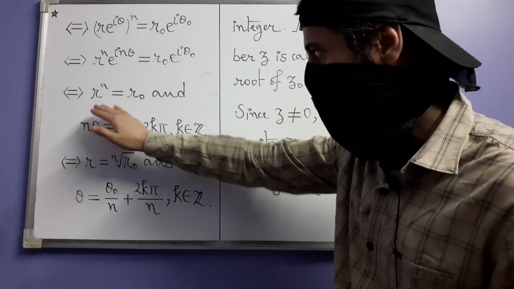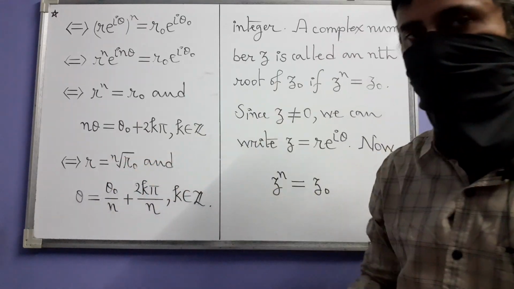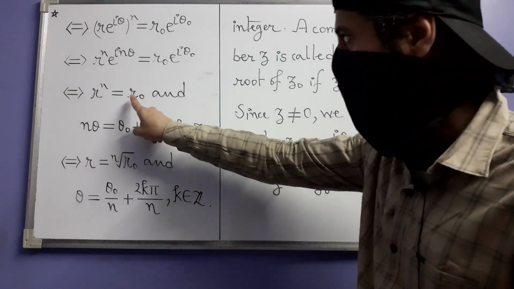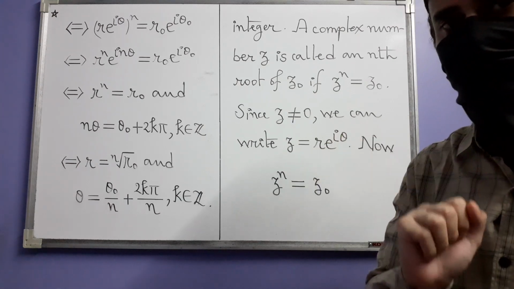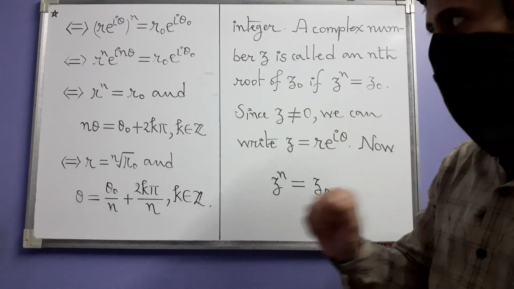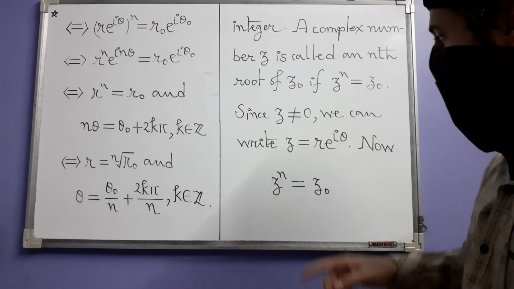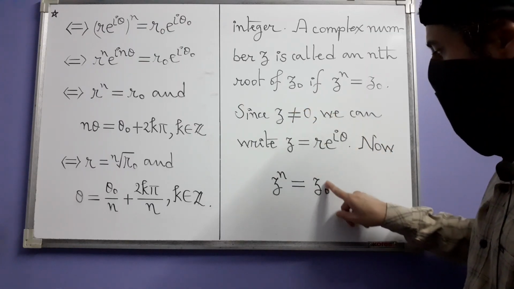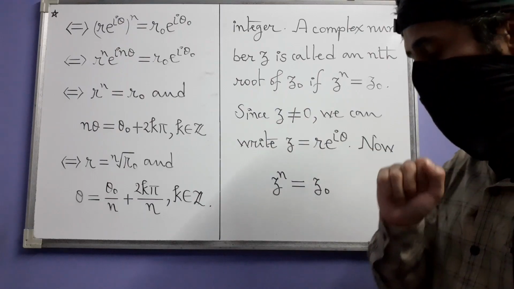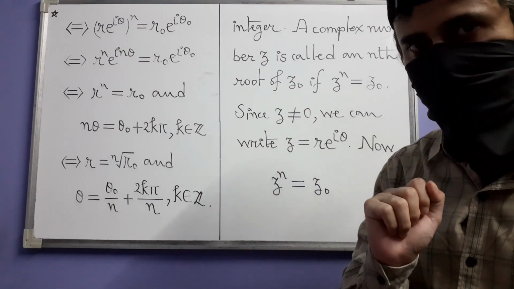And from this, of course, you have your usual real analysis thing. r0 is a positive real number. Why is r0 positive? In general, r0 being an absolute value will be non-negative. But r0 is the absolute value of z0, which is a non-zero complex number. So that's why r0 is positive.